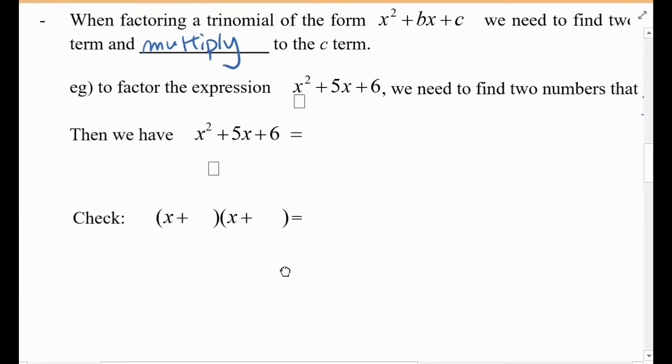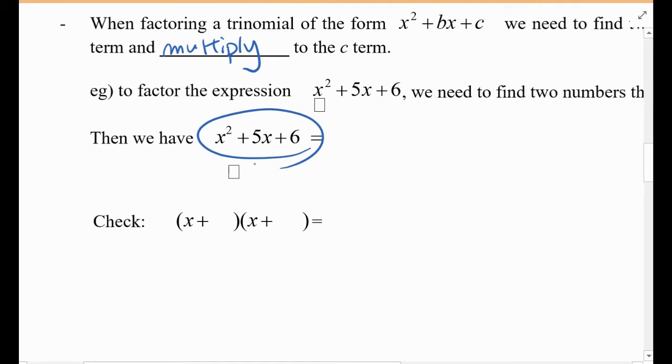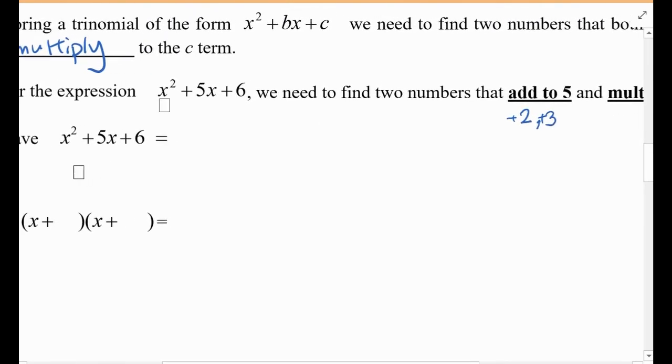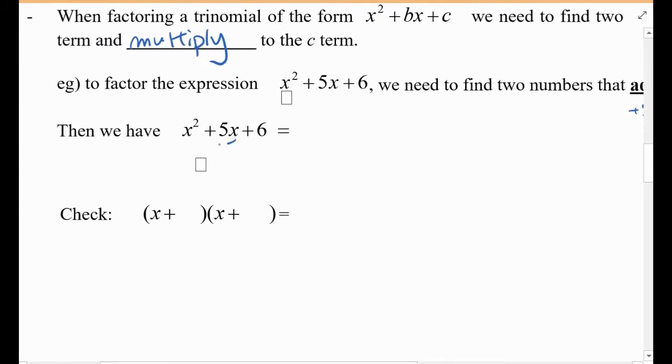So we're going to rewrite this trinomial using 2 and 3. We're going to split this 5x into positive 2x plus 3x. So 2x plus 3x is 5x, so we can just split that.